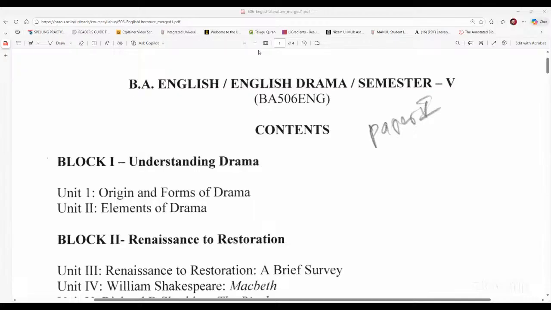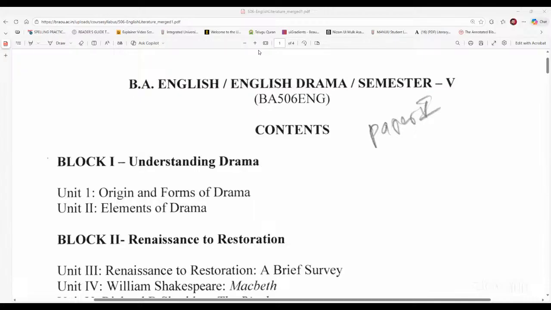There were other people also who are worth mentioning with reference to Renaissance and Elizabethan drama. They are Christopher Marlowe, Ben Jonson, and many others.